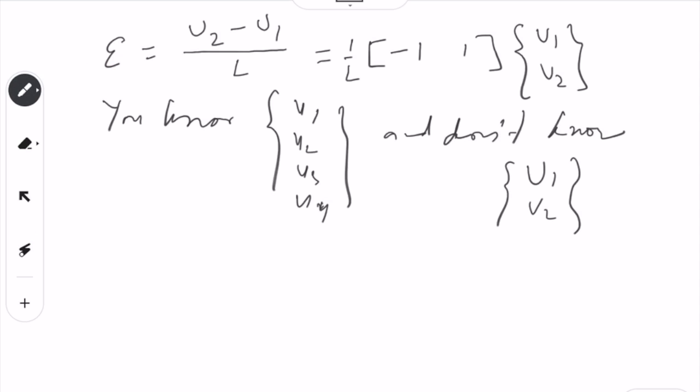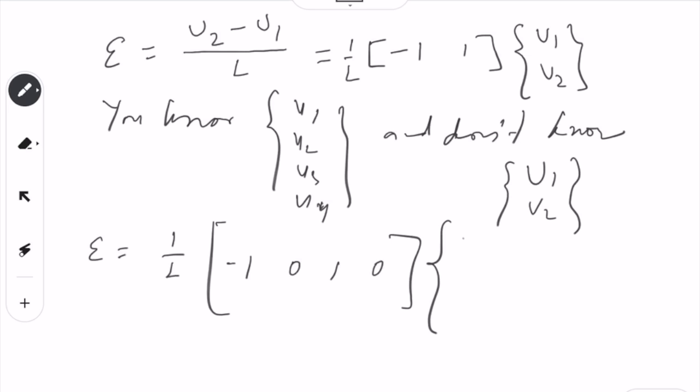In order to know the strain, we have to use that relationship. So the strain is equal to, from this one we can expand even further, 1 over L, and then you have minus 1 0 1 0, and then you have u1 0 u2 0, right. This is also true.